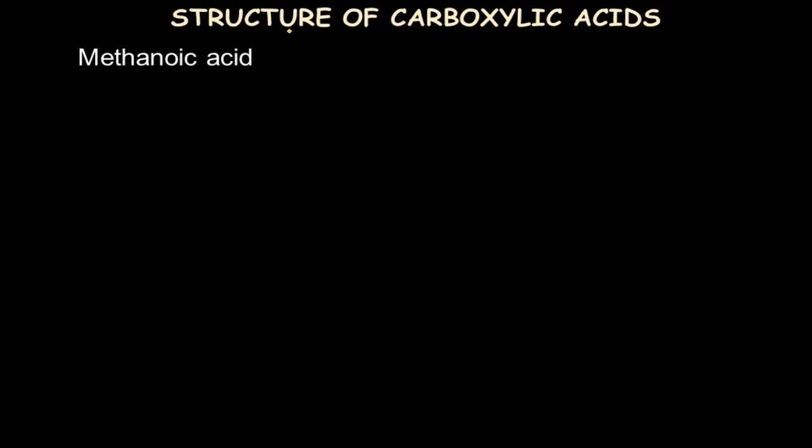Starting with methanoic acid, meth means one carbon atom, which is already there in the carboxyl group. So in that case the n has to be 0. So we will just end up with one hydrogen, and the formula of methanoic acid will be HCOOH, or in short you can also write it as HCO2H.